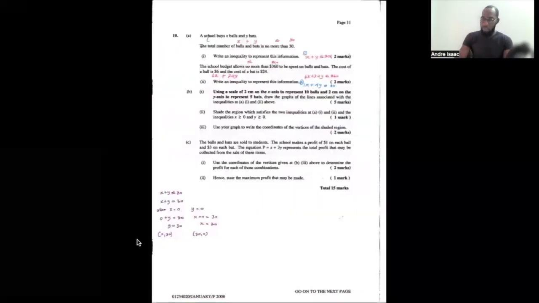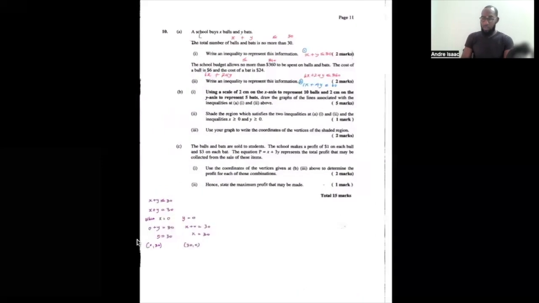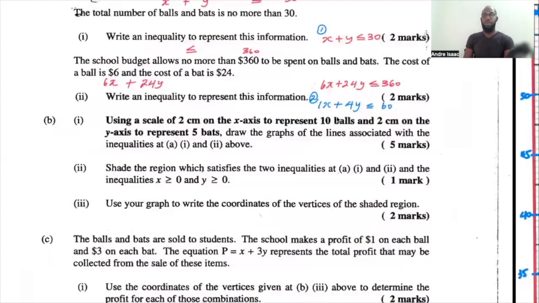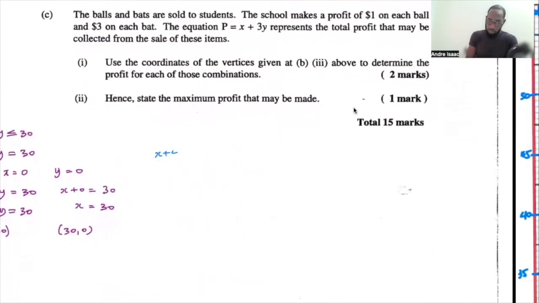Let's look at the next one: x plus 4y less than or equal to 60. We're using the simplified version of 6x plus 24y less than or equal to 360. We're going to get our points.